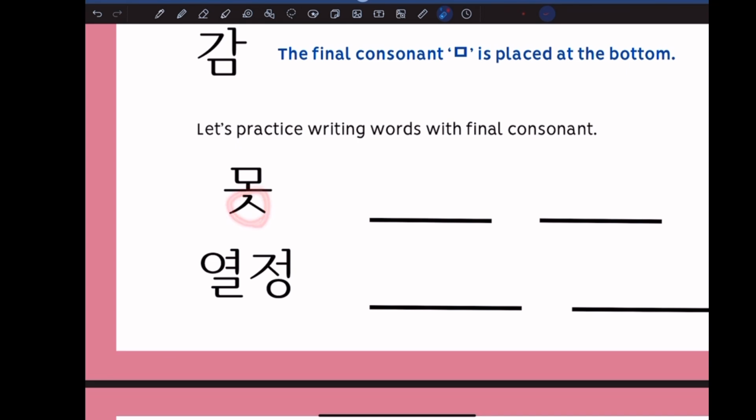However, as you combine another s sound, which is another consonant located below, it would seem to be pronounced as mos. Oh, however, in this case, we don't pronounce this as mos. Although it is the s sound, sometimes the sound of the consonant right below can change. So in this case, it's pronounced as 못. 못 in English means nail.